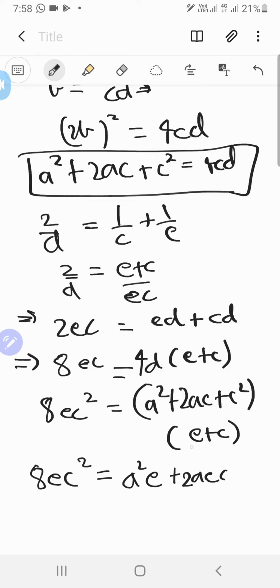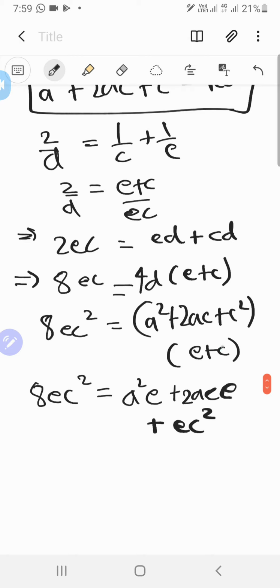Let's see. So A squared and then 2AC times E plus EC squared. Oh, that's the first thing which we get. And then plus A squared C plus 2AC squared plus C cubed. Let's see what we get. So one of this is A squared, EC squared. One of them will cancel.